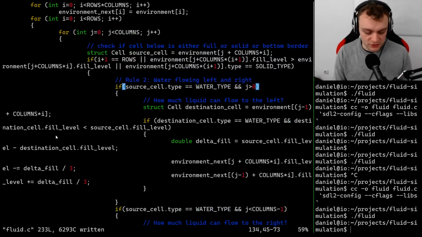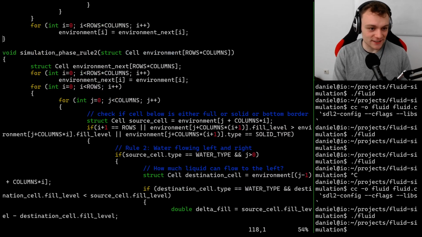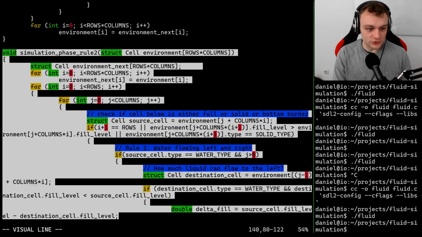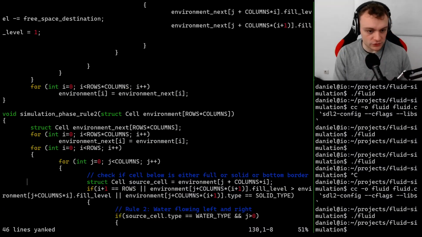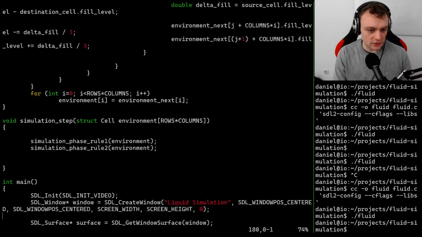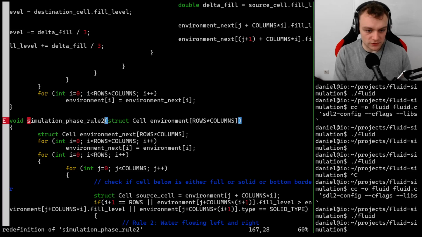Okay, let's just quickly see how long that takes. Implement a new simulation phase. That is the case for pressurized cells. So that's going to be phase number 3.